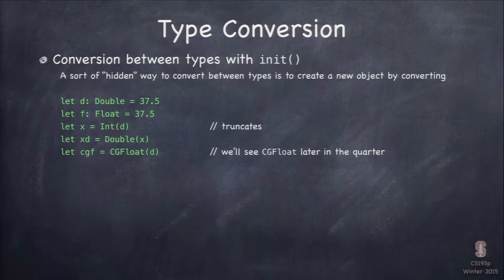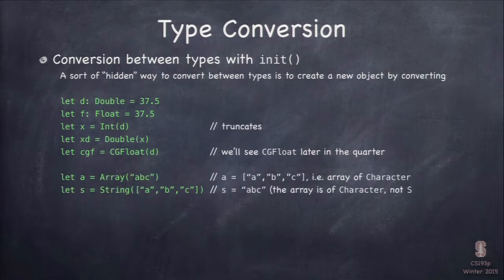Okay, so the numbers. But you also might be surprised, if you read the homework carefully or the reading assignment, you saw this, that you can convert arrays and strings using these initializers. For example, you can say Array of a string, so create a new array, and the initializer's argument is a string, and it will return you an array of all the characters in that string, right? Unicode characters.